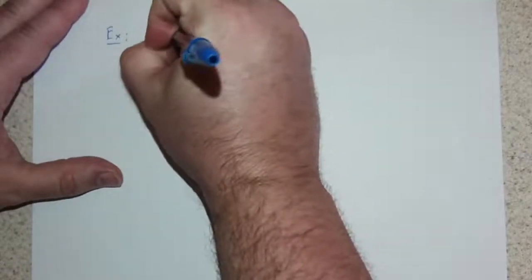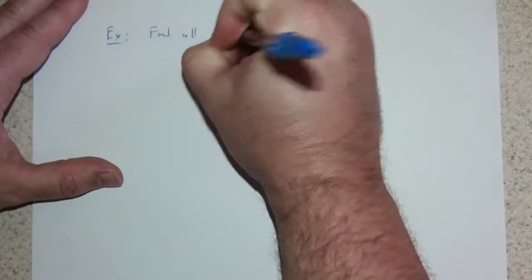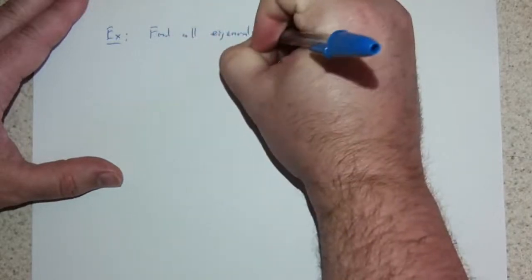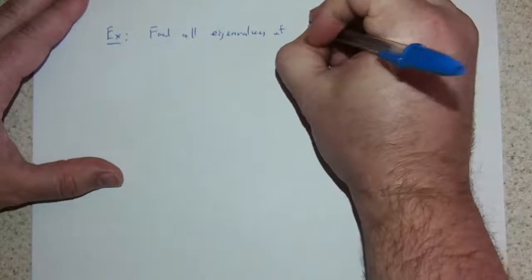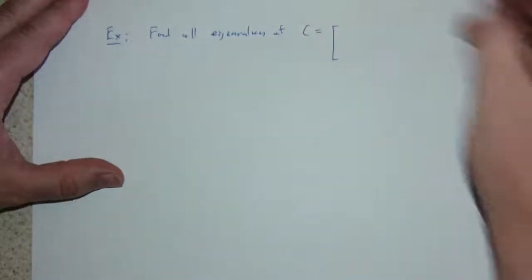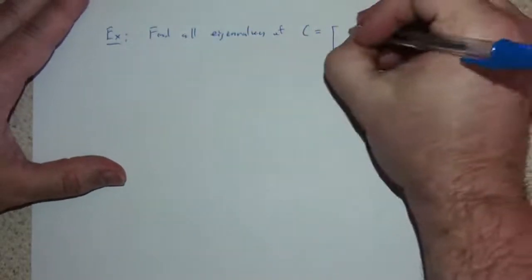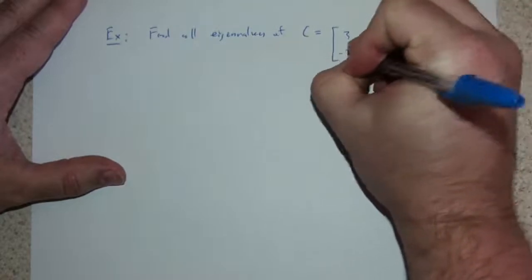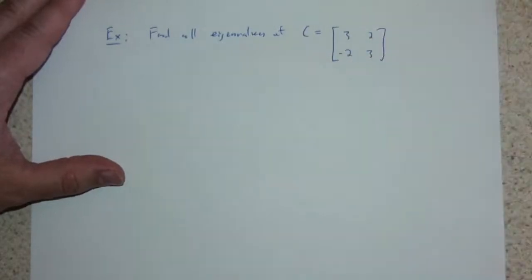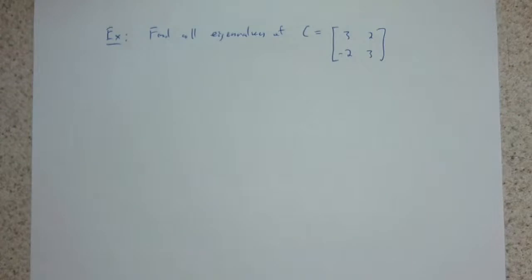So let's find all eigenvalues of the matrix C, which is the matrix 3, 2, minus 2, 3. Okay.